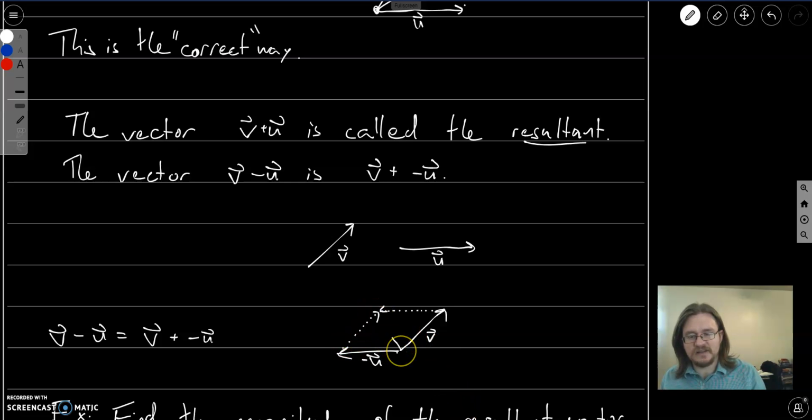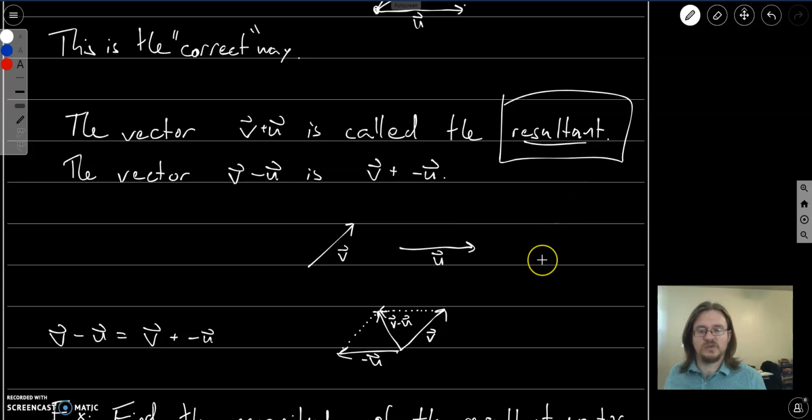And v minus u is going to be pointing up here. So this is going to be v minus u. And this is going to be the difference. I've just drawn negative u rather than u and added them together. And just as a quick aside, this is called the resultant. Whenever you add vectors together, this is called the resultant, and it's just a fancy term for a sum.